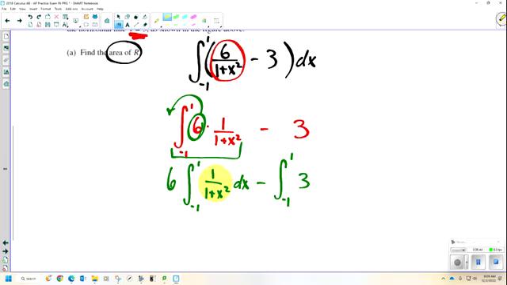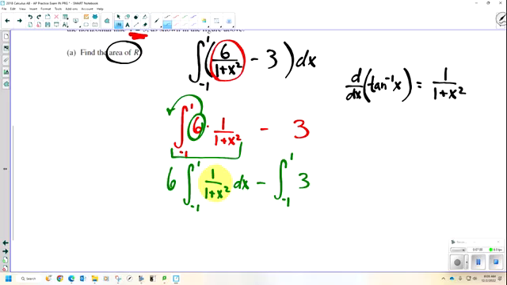This right here, that is a rule. That is a trigonometry rule. If you forgot, let me remind y'all that there is a derivative of something that, when I take it, is 1 over 1 plus x squared, and that is the inverse of tan.